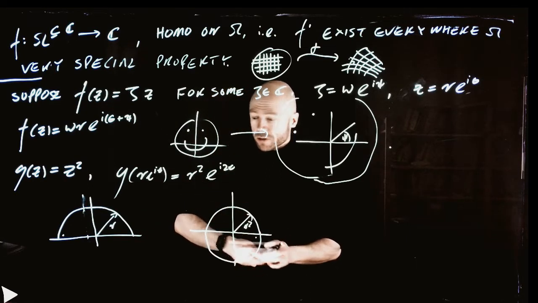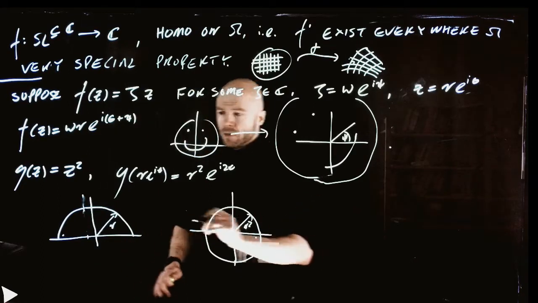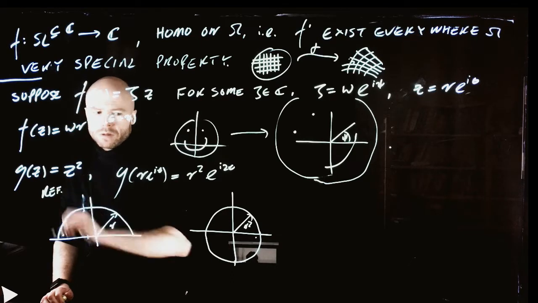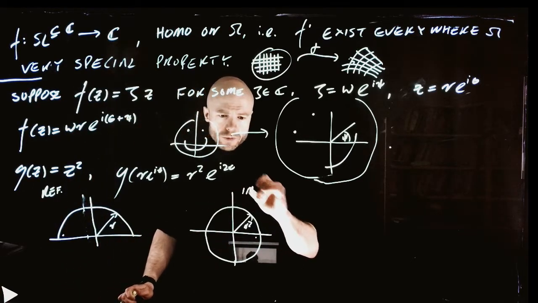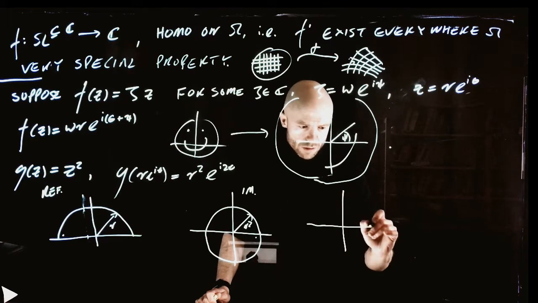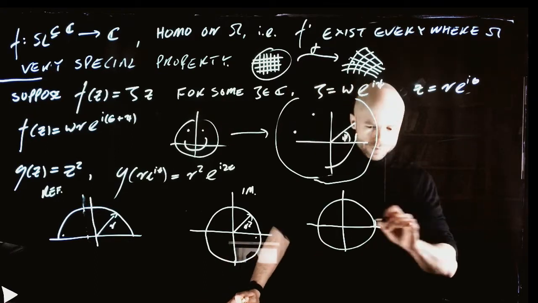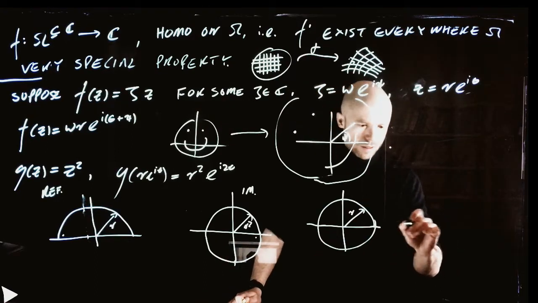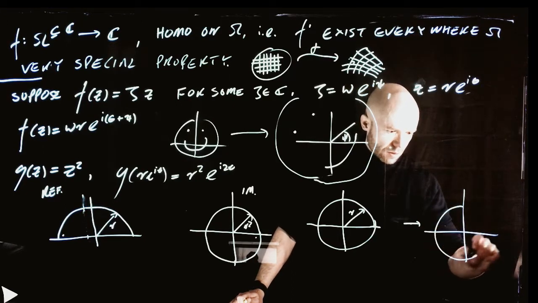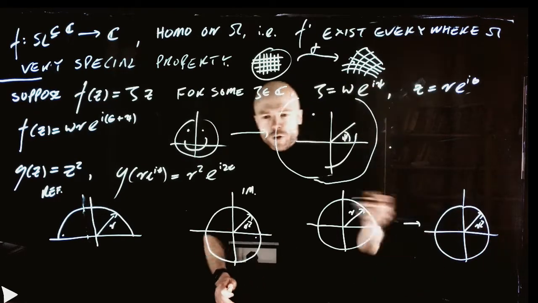In particular, if we take the entire circle, this is the reference and this is the image. If this is radius r, then it gets mapped to this thing with radius r squared, but we are wrapping around twice.